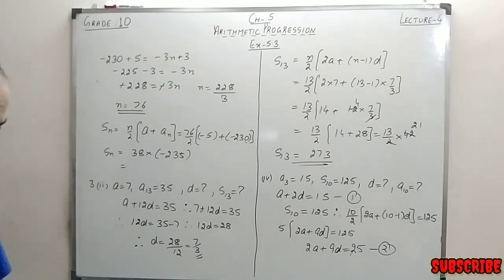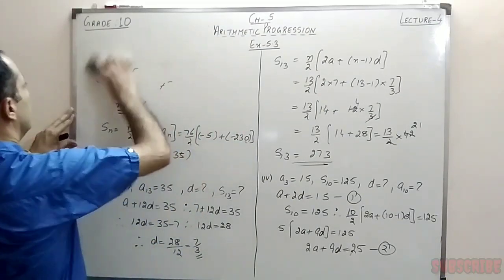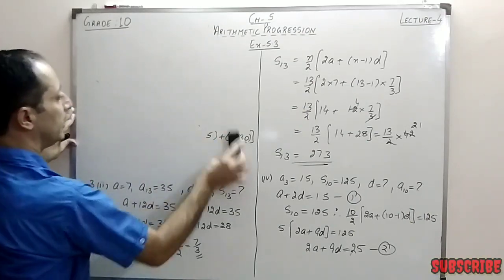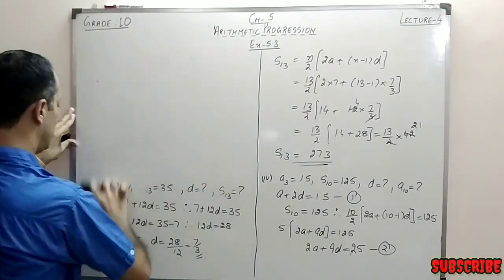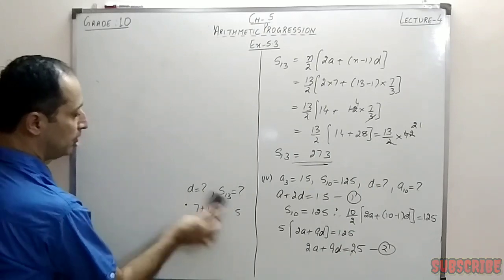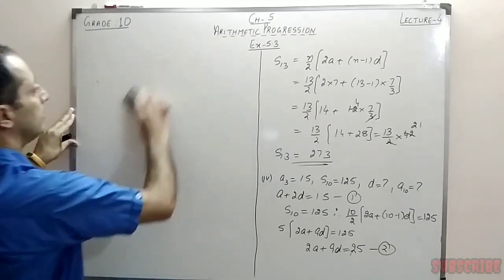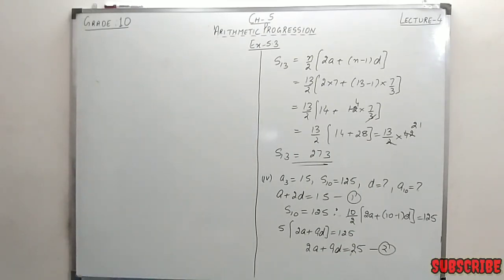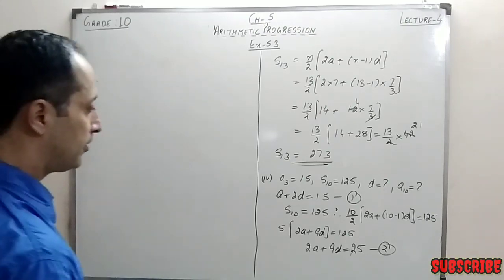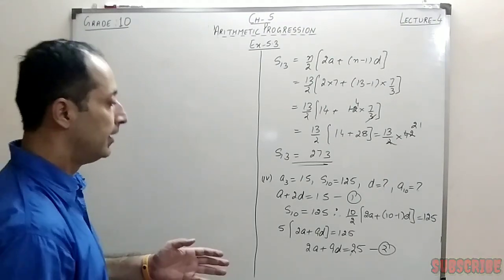Now what I can do, just simplify the two equations the way we did in the pair of linear equations in two variables, in which we found the values of x and y when two equations were given to us, or some other variables when two equations were given to us. Same way we can do this also. What we have to do, simplify.